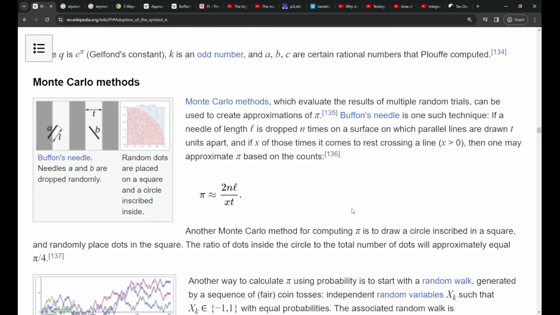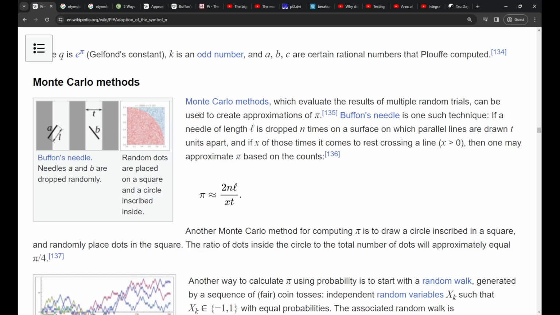Monte Carlo methods. Buffon's needle, that's a Monte Carlo method. My understanding of it is it relates to the city of Monte Carlo, which is famous for gambling, which I don't encourage, but of course gambling uses mathematical probability. And so anything in mathematics that's using a Monte Carlo method is simply using a brute force method of calculation.